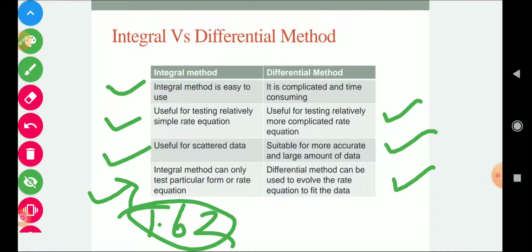To test for fractional value it is quite difficult to find out exact value by trial and error method. On the other hand, this can be solved using differential method, because in that we calculate order of reaction with the help of graph.